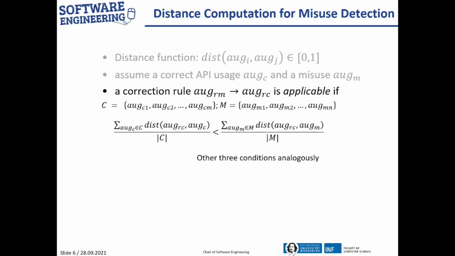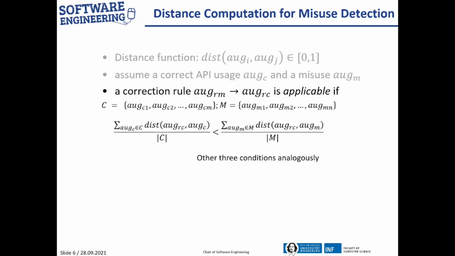And we can generalize that, so when we do not only have one correct and one misuse AUG, but multiple correct and misuses here in the form of the sets C and M, then we can compute the average of the distance values and keep the conditions.